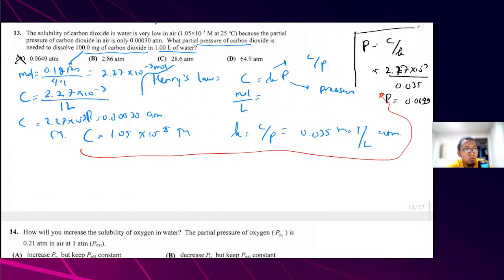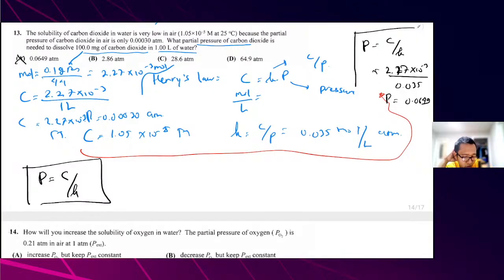Solubility goes up with pressure. Remember, to find out how much pressure is needed, we need to use Henry's law, which is P = C/K. Remember this equation.